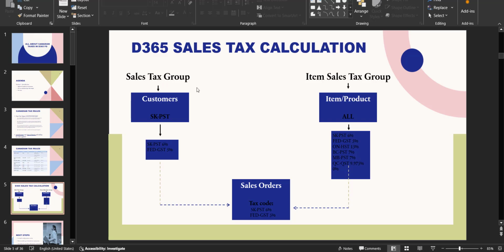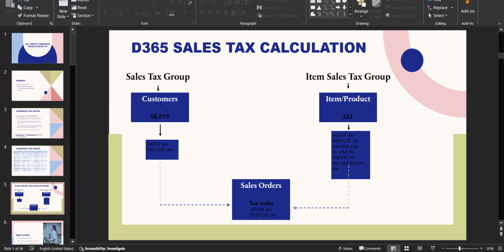Then you also have the second element called item. Depending on the service or item, it can be taxable or tax exempt. So we call it in Dynamics item sales tax group. So from the technical terms, you have one for jurisdiction, one for item.